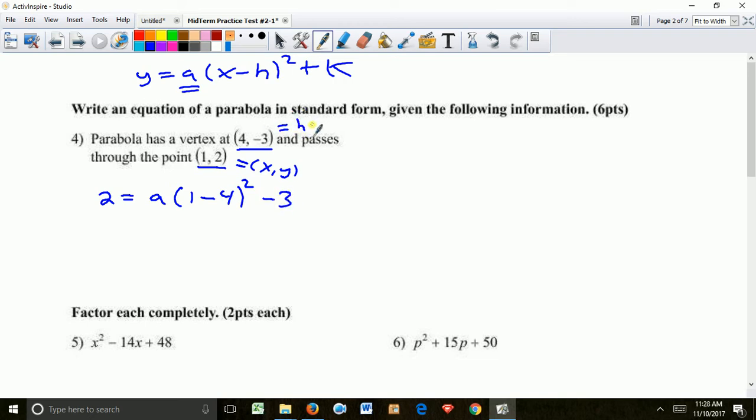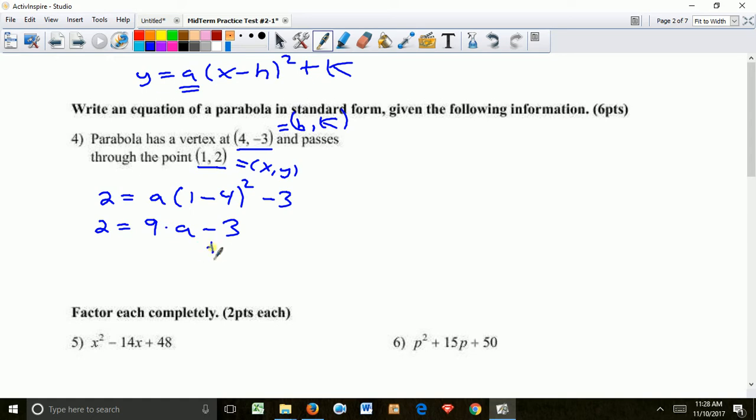So here's your hk. Again, the only thing we do not know is the value of a. We can solve for that. Now we get 2 is equal to 1 minus 4, which is -3. -3 squared is 9. We could rewrite this 9 times a minus 3. And now we got to solve for a.